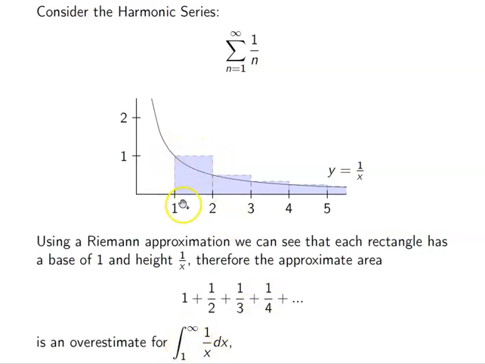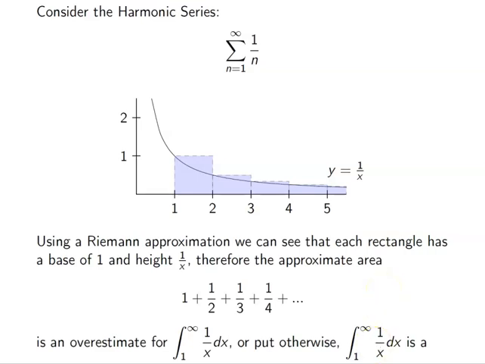It's very easy to see here from the function height and the width of the base of the rectangles that this is indeed an overestimate of the area under 1 over x from 1 to infinity, from the same point forward.